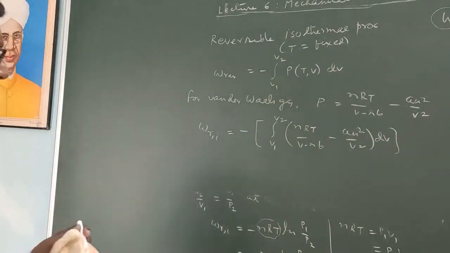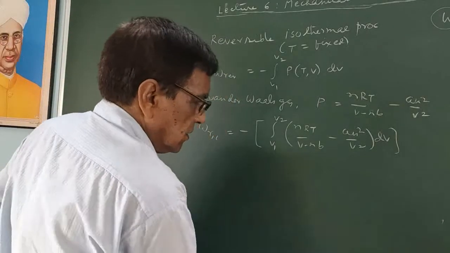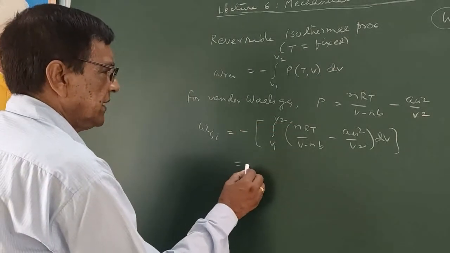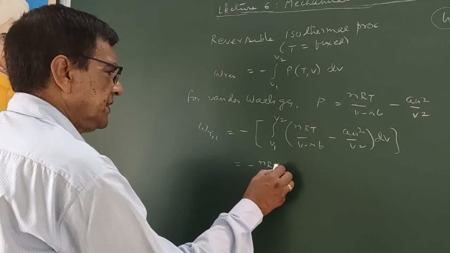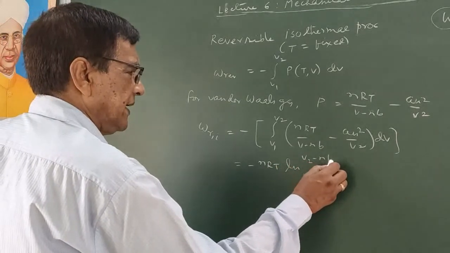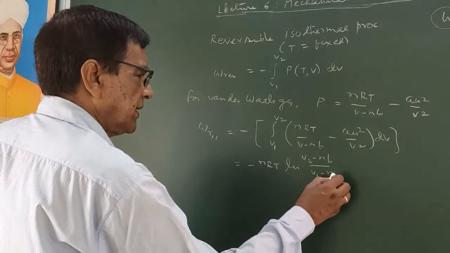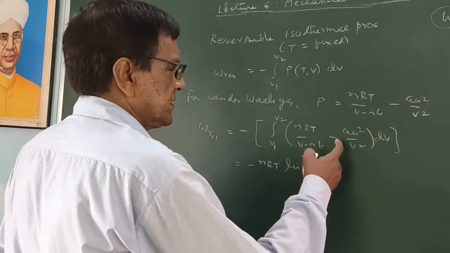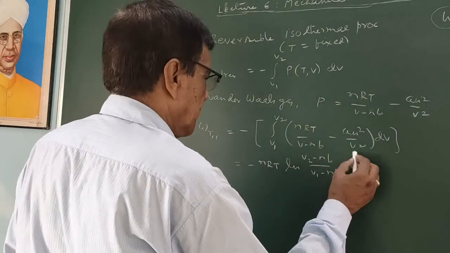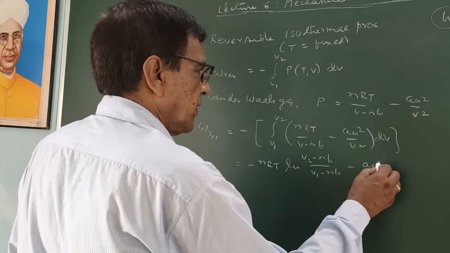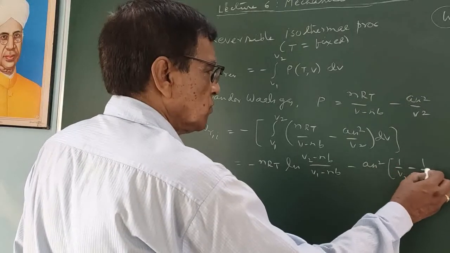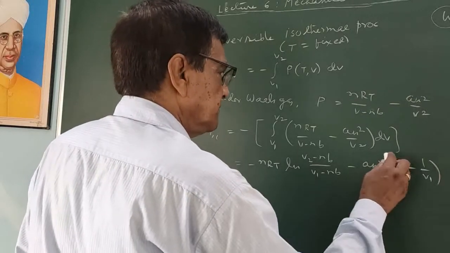Whenever integration is done and the limits are put in, this equals minus nRT, T is constant, ln of V2 minus nb divided by V1 minus nb, and the integration of minus an square by V square gives minus an square into 1 by V2 minus 1 by V1.